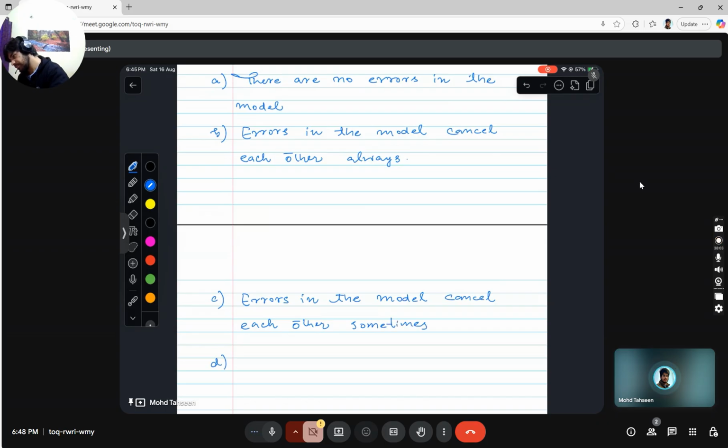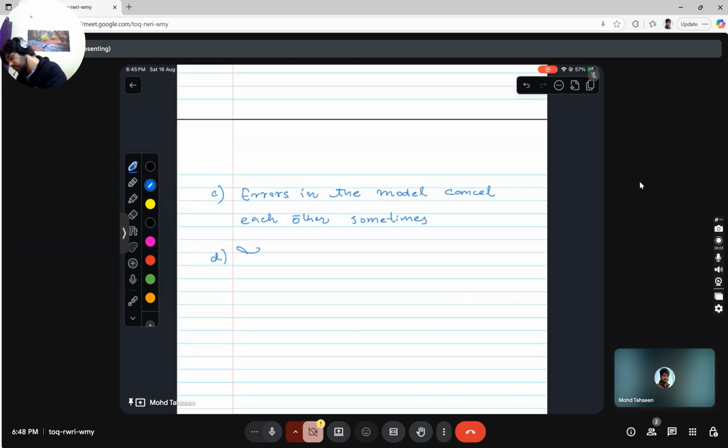And option D, thermal properties do not have a significant impact on other properties.